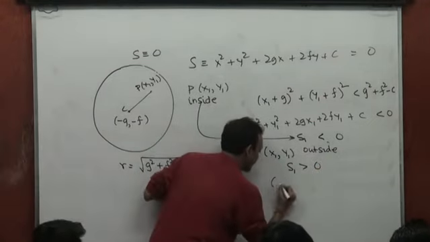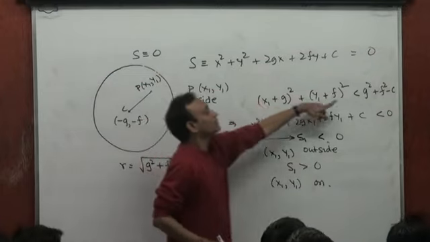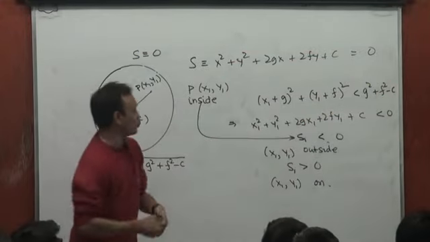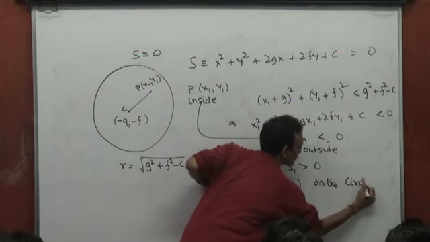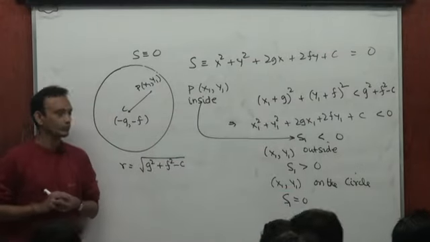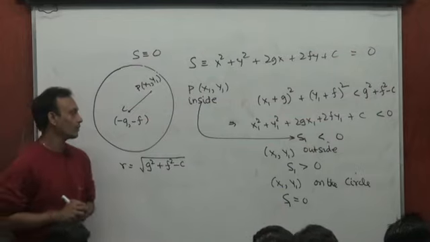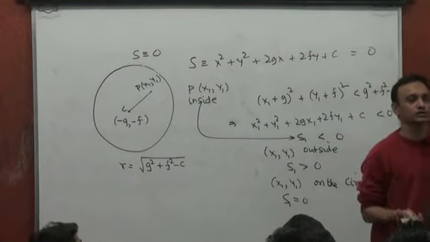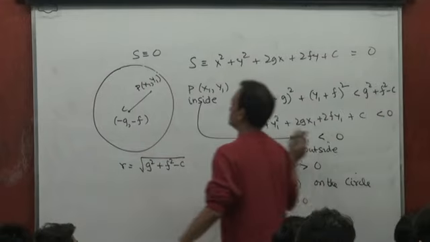And obviously, if x1, y1 was on the circle, then this would be equal to g square plus f square minus c, so S1 would be equal to 0. Clear? So that's how you figure out the relative orientation of a point with respect to a circle: inside, on, or outside the circle.